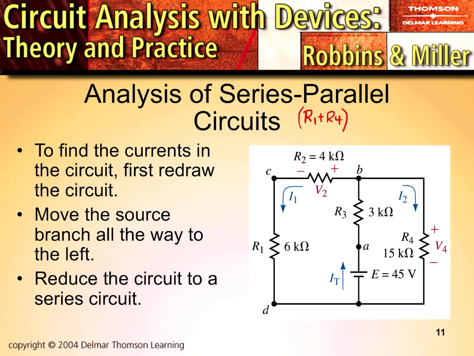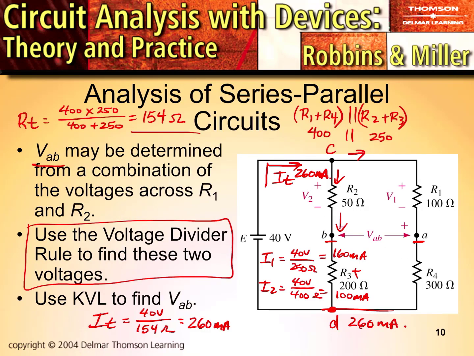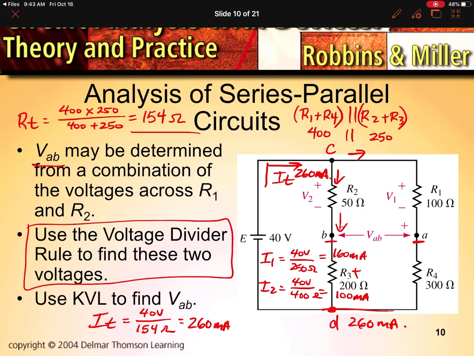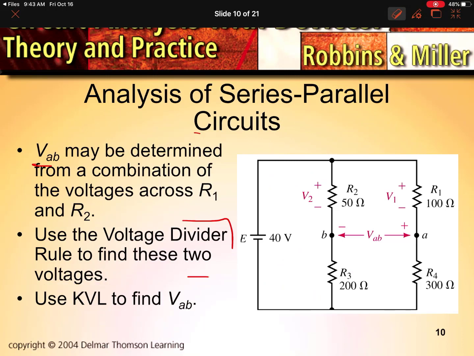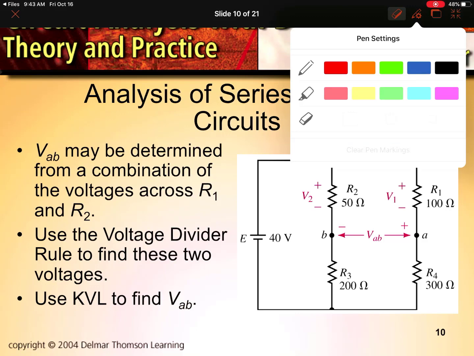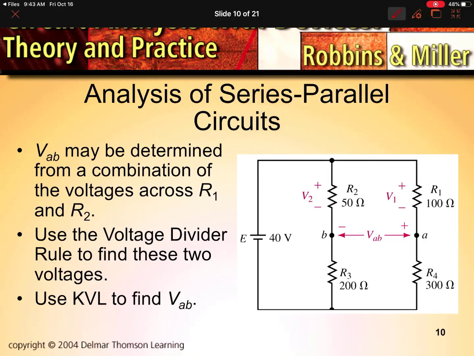And now, knowing our currents for each branch, we can determine the value of VAB here. So let's do that. I'm just going to erase this stuff so that we can remember our values, and we'll label them next in here. So remember, what was our current through here?